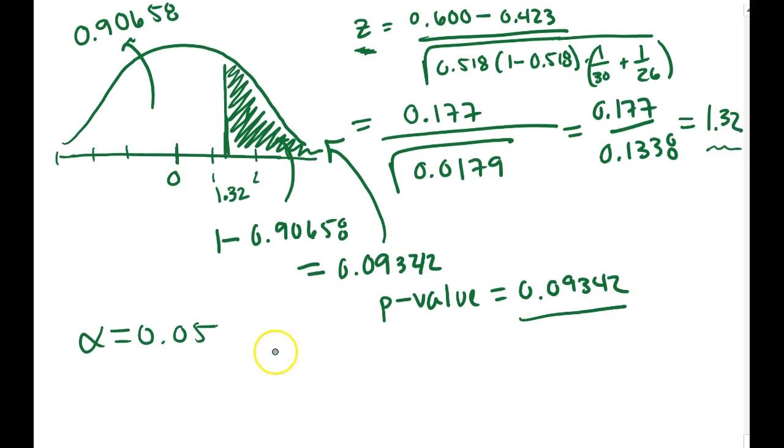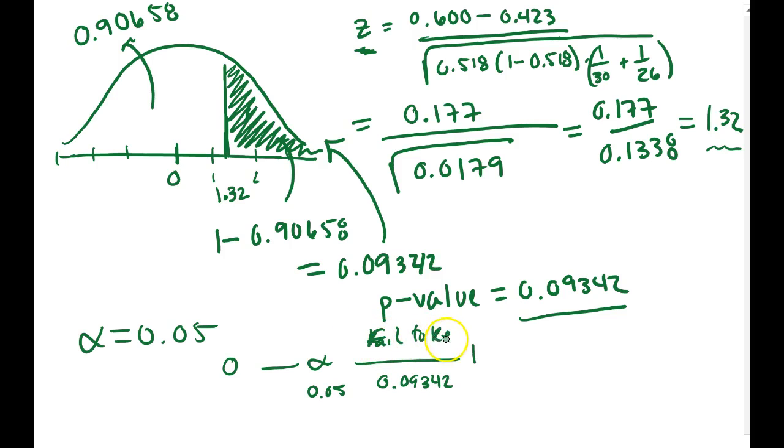So if we look at this scale, this is alpha 0.05. Our p-value is up here at 0.09342. And this is the area where we're going to fail to reject the null hypothesis because it's larger than our significance level. If it was lower than our significance level, then we would reject, but our p-value is a little bit larger than that.